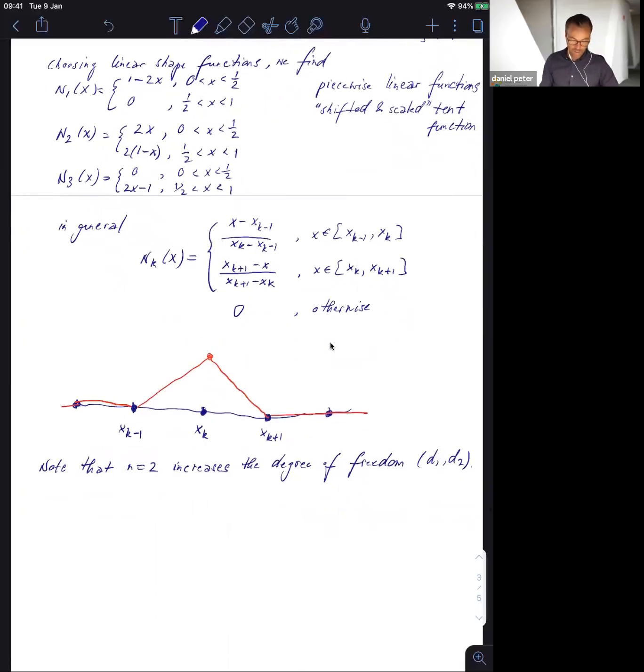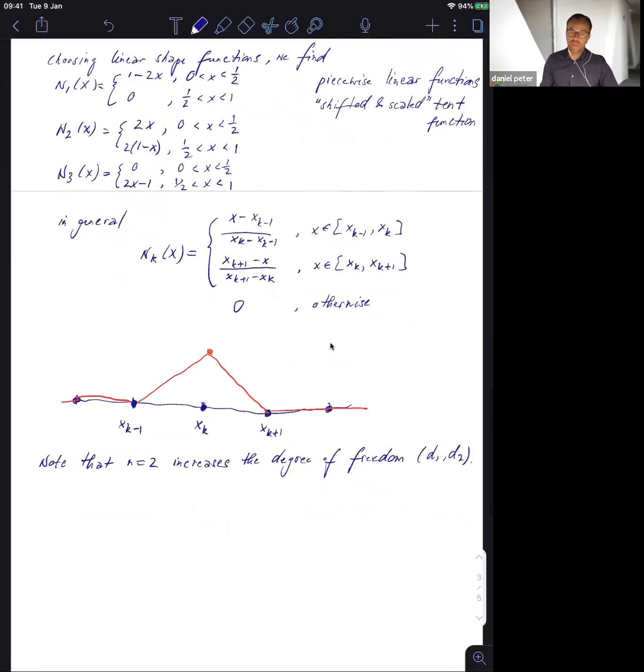And the second one is when you look at these tent functions, you see they only have local support. They are only non-zero between xk minus 1 and xk plus 1. So it's a function with a local support. And that's different to, for example, if we choose the FFT method, there we basically have to have the function value at all grid points.